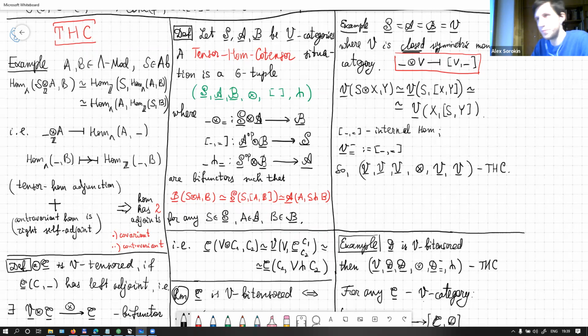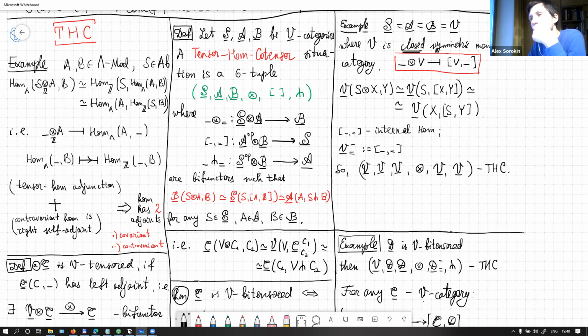What is it? It is a sextuple of three categories, S, A, and B, and three bifunctors, tensor, Hom, and cotensor respectively, where tensor is an operation that takes category A and acts with category S on it covariantly. You can think about this as a multiplication. And the results are in category B.